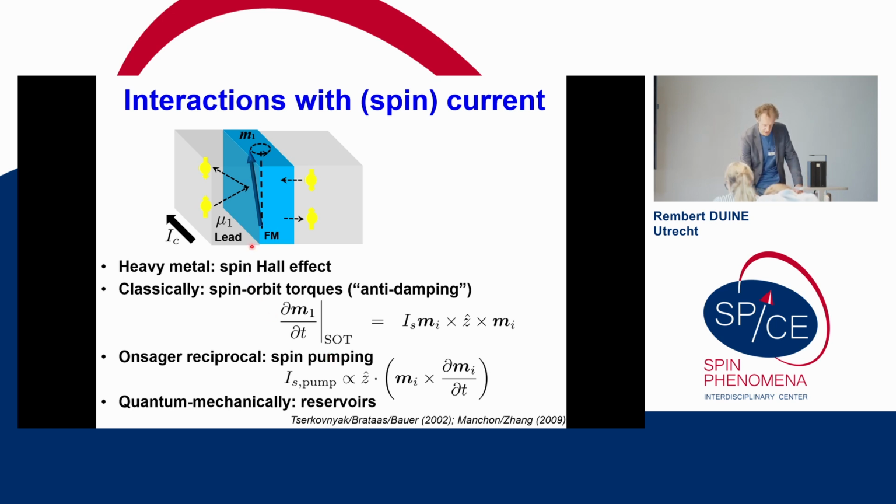What we often do, and you can derive this starting from this classical picture, is that if you look at magnons, for example, the magnon occupation of this magnet in contact with this heavy metal that's driven, you can basically model that as a spin reservoir at some chemical potential that is determined by the amount of current that you drive, and that reservoir then starts occupying the magnons and basically drives the system out of equilibrium.